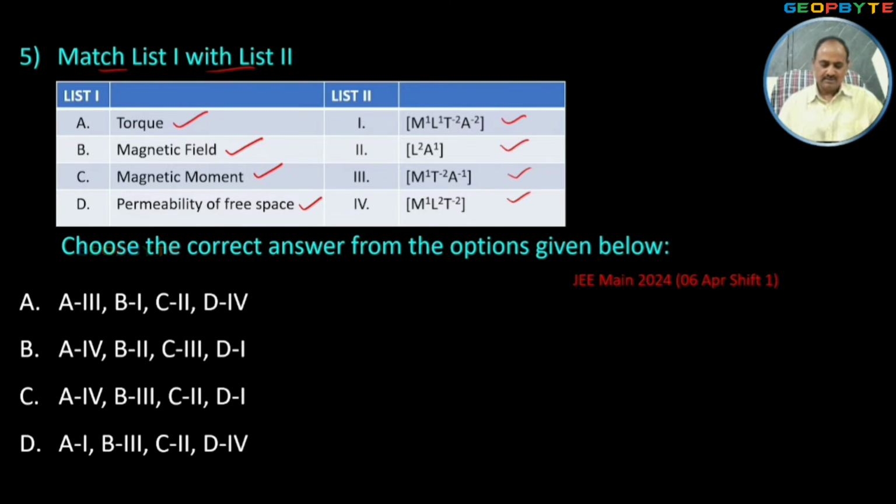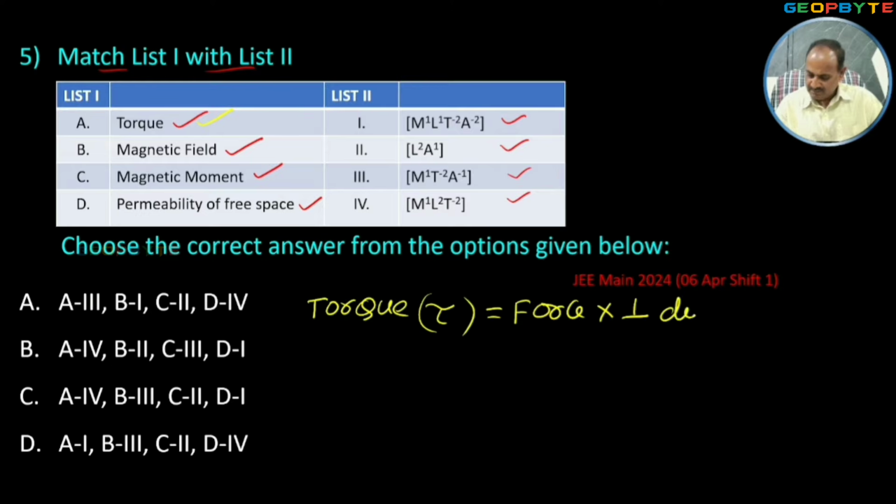Different dimensional formulas. For that, first let us decide the dimensional formula for the torque. Torque, generally denoted with tau, is equal to force multiplied by perpendicular distance.